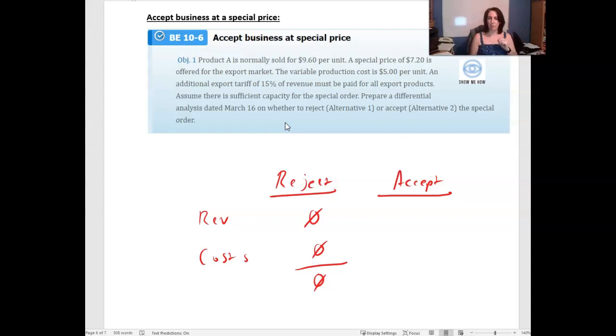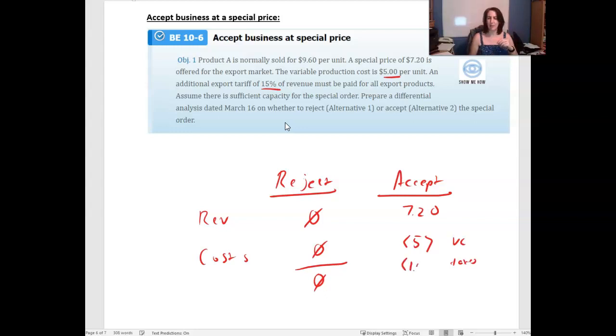If we accept the offer, we're going to have revenue of $7.20, and this is per item, for however many they're buying. We'll have revenue of $7.20 we wouldn't have had before. And we've got some variable costs: $5 in variable production costs, and we've got taxes of 15%, which is $1.08, which is $7.20 times 15%.